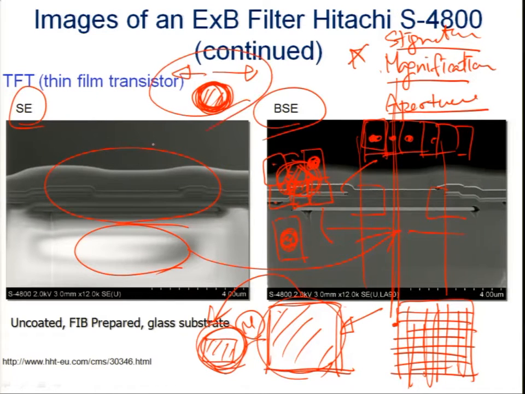In that case, it is because the primary electron beam axis is not well aligned.